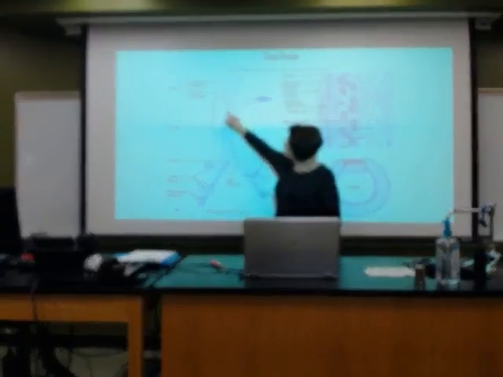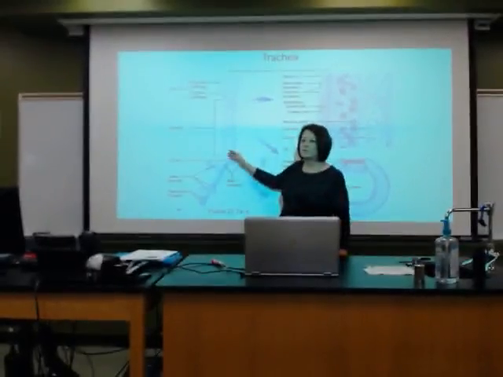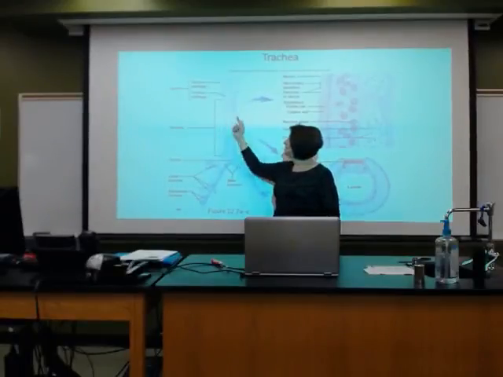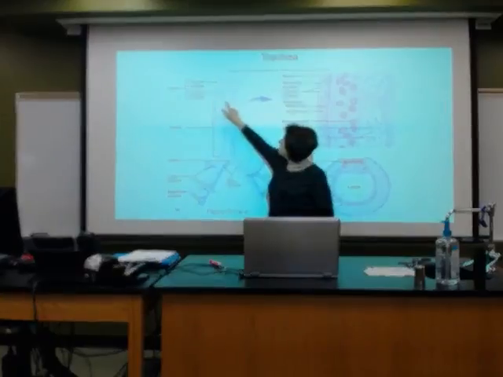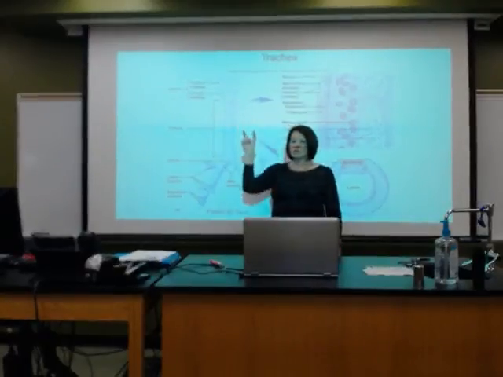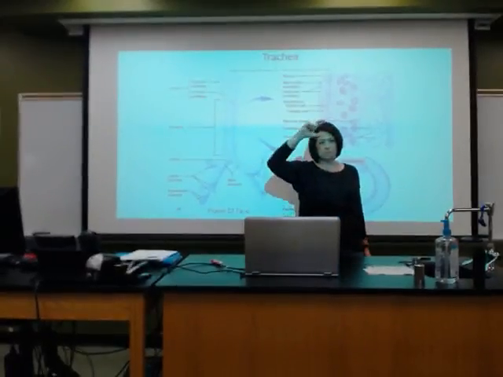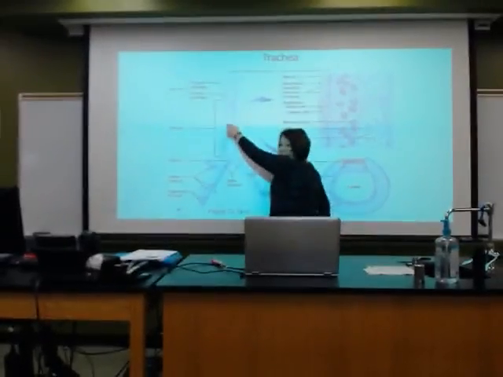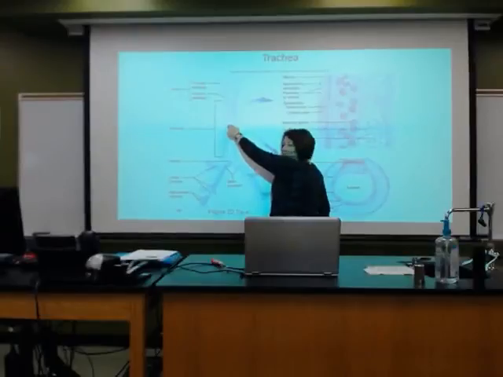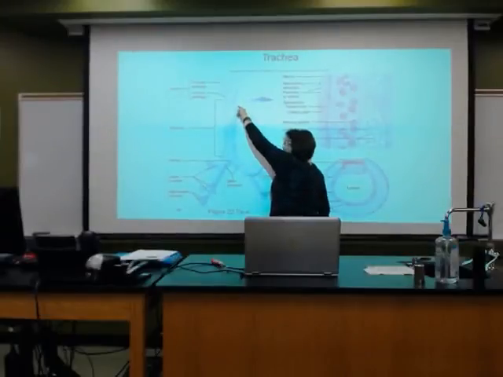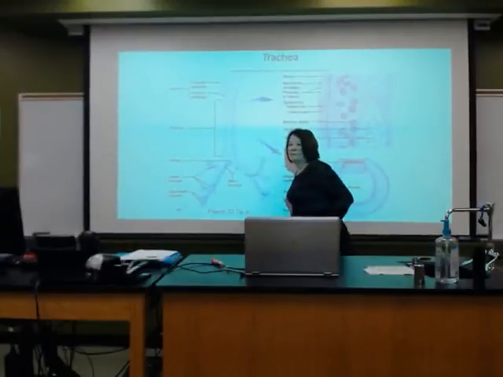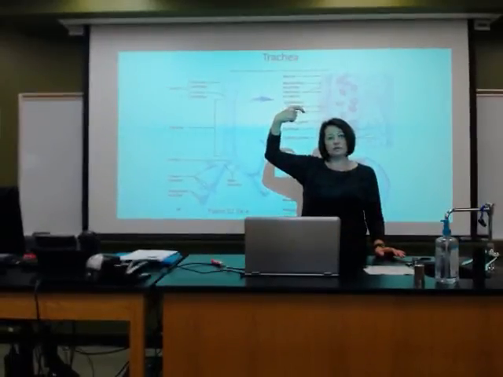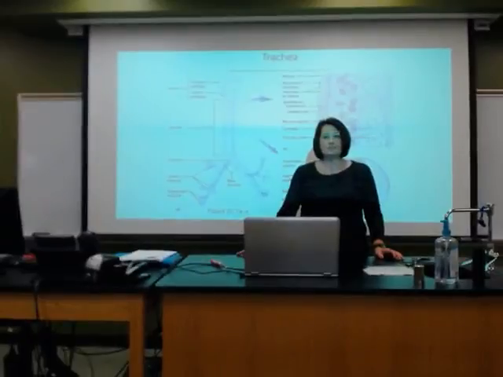This really long tube, to the front, to the anterior side, has really strong cartilage shaped like the letter C, that does this number. So that tells me that on the posterior side of my trachea, those cartilage rings don't meet. Why?